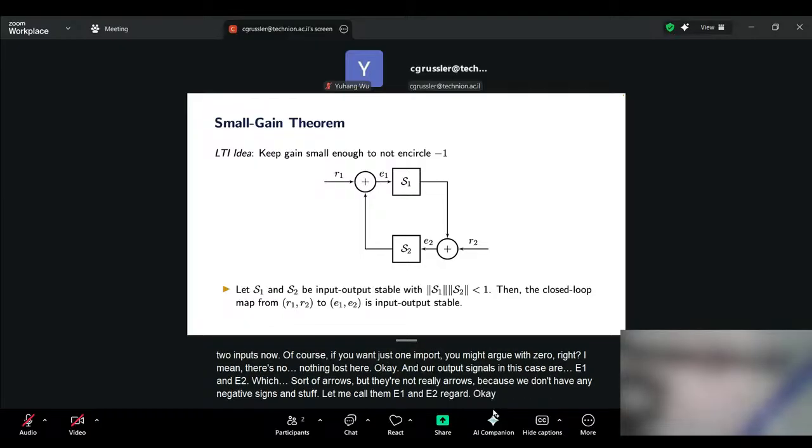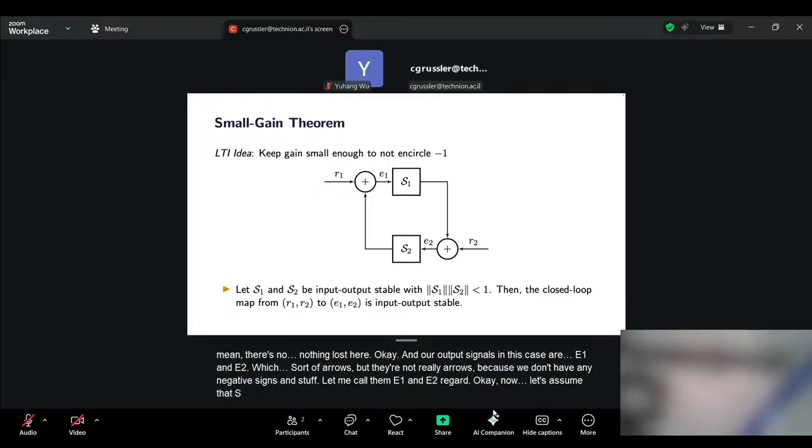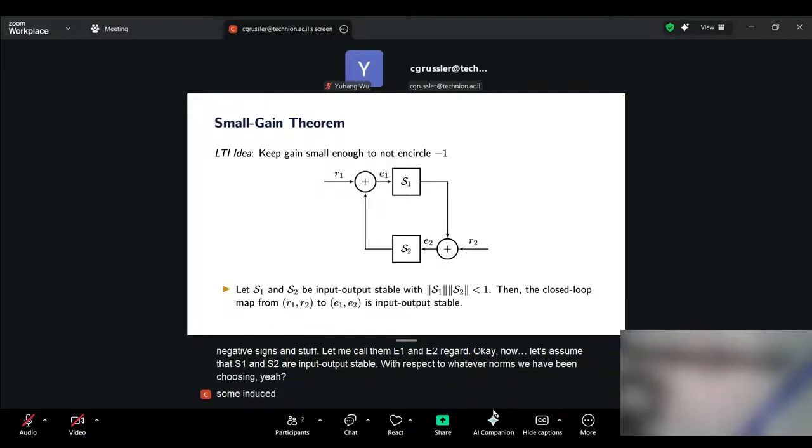Okay, now let's assume that S1 and S2 are input-output stable with respect to whatever norms we have been choosing, some induced norm, and assume that the individual induced gains multiplied are smaller than 1.